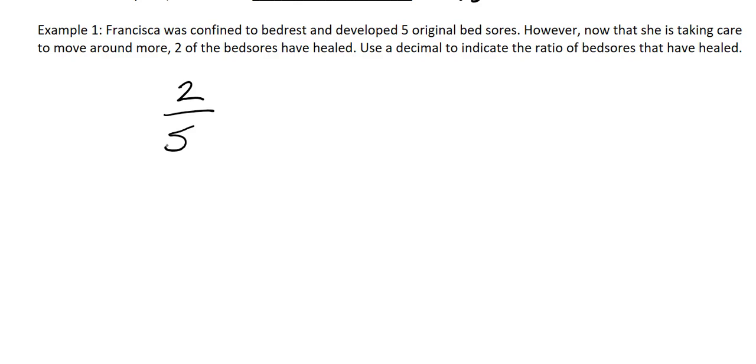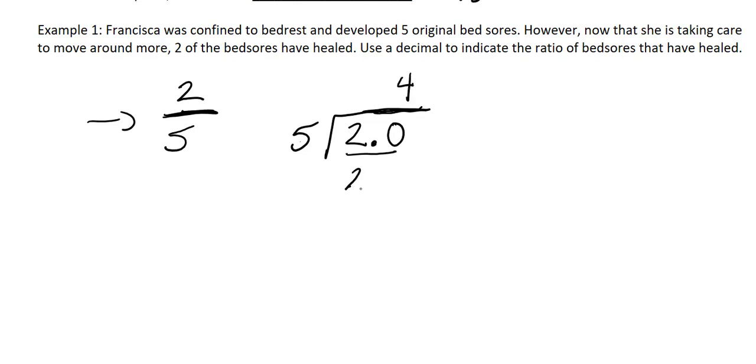We're going to look at this division bar right here. This is division, so we take 2 and divide it by 5. Now, 5 can't go into 2, so we put the decimal there and add a 0. 5 can't go into 2, but it can go into 20 4 times, because 5 times 4 is 20.